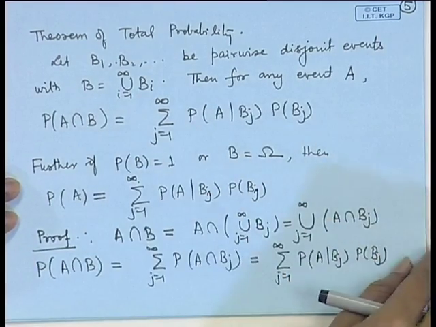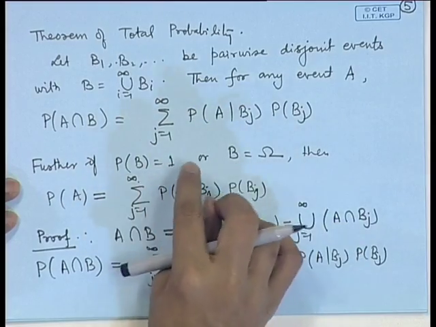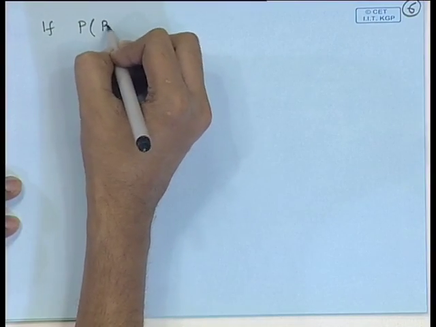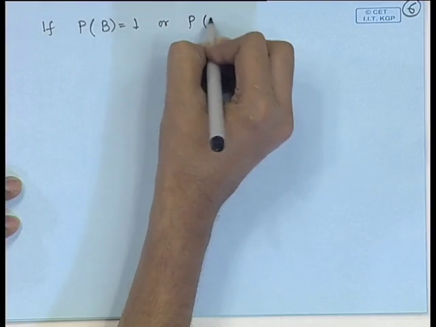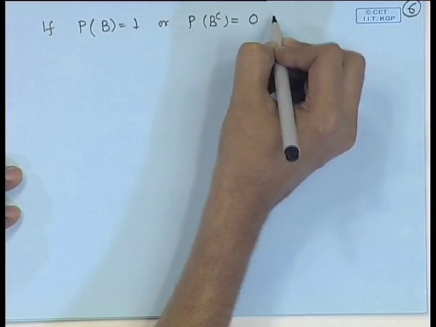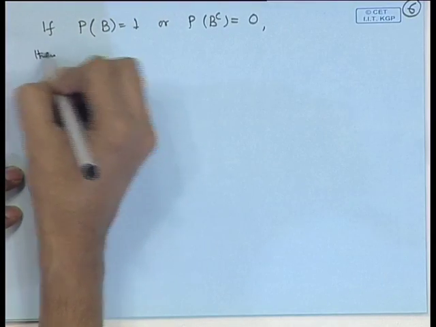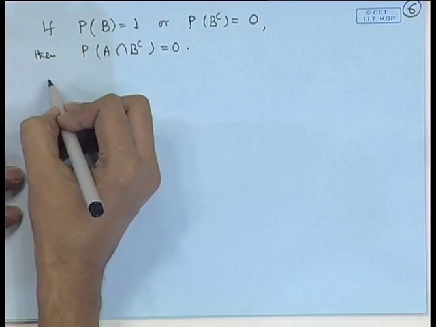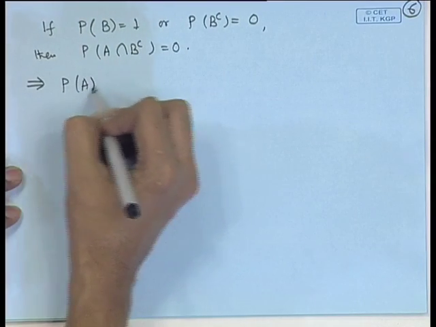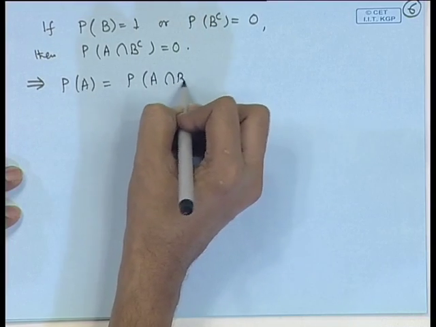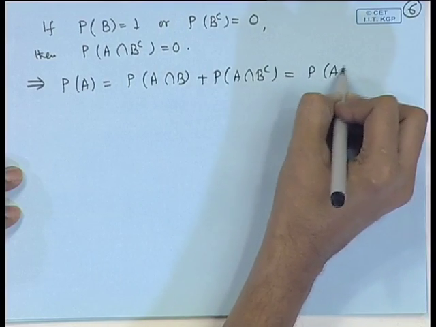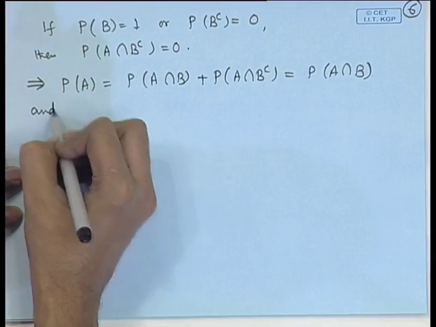Now, we look at the case if probability of B is 1 or B is omega also here. If we take probability of B is equal to 1 or probability of B complement is equal to 0, then probability of A intersection B complement is 0, and therefore, probability of A can be written as probability of A intersection B plus probability of A intersection B complement, which is probability of A intersection B, and so the statement follows.